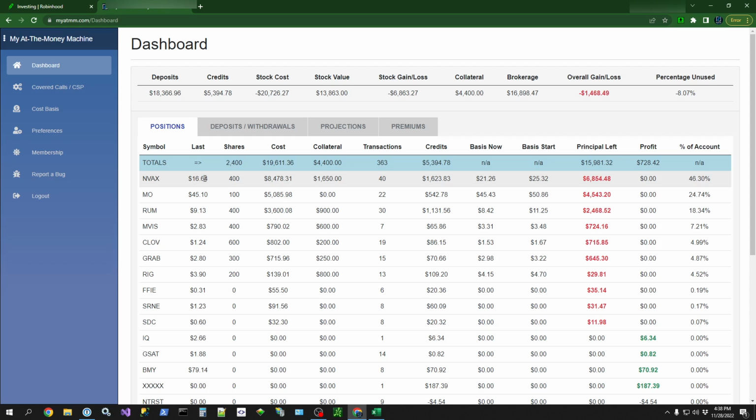And the more premium I collect, the lower the cost basis will go. Granted, that's the cost basis with the premium. That's this number. That number will continue to go down if we collect premium. This number will not go down unless we actually purchase some down here. Then it'll pull that number down. But at some point, you'll collect enough premium to where the cost basis with premium is 0.